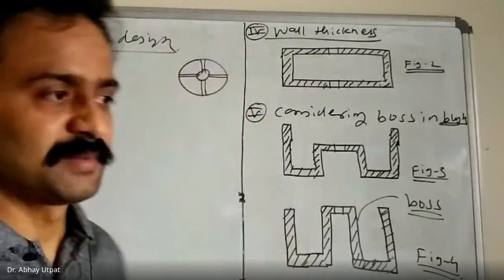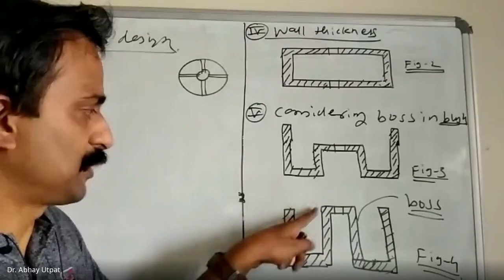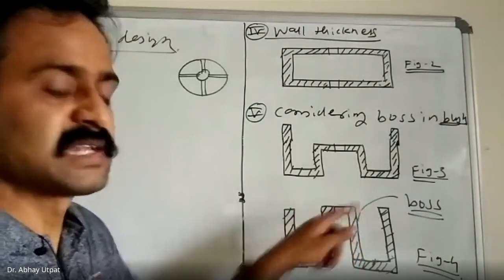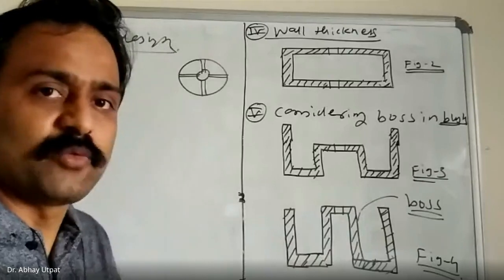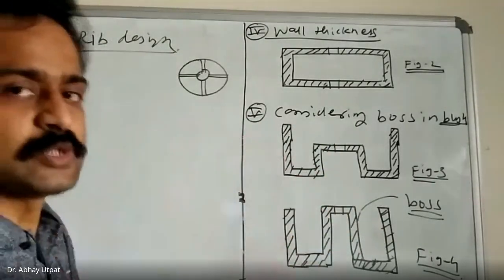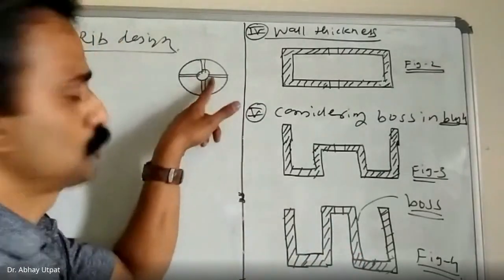In this way. In the cross section it is not possible to see the ribs, because if you draw the line here, that will act as a rib. So ribs are nothing but vertical walls provided, which connect the circumference of the bush and the boss, as shown here.